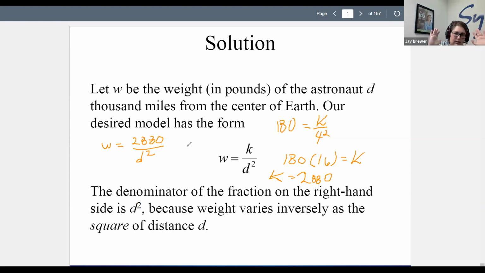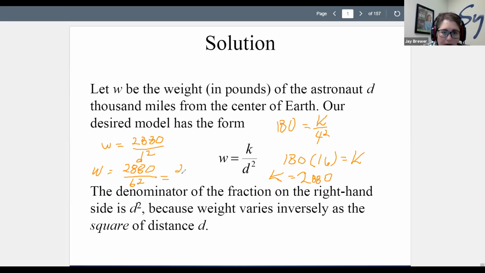Well, that would give us a total of 6,000 miles from the center, right? 4,000 and another 2,000 will give us 6,000. But D is in thousands of miles, so we only have to worry about 6. So we're going to take 2,880 and divide it by 6 squared.